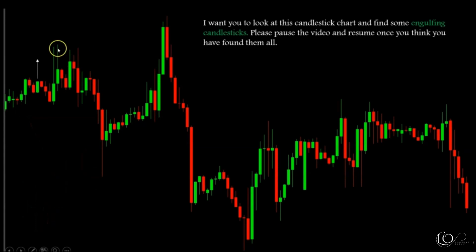So this one here, this is an engulfing pattern. You see that the body is completely engulfing the previous one, and then price did go down for the next three candlesticks, but then it moved upwards. The next one is this here.